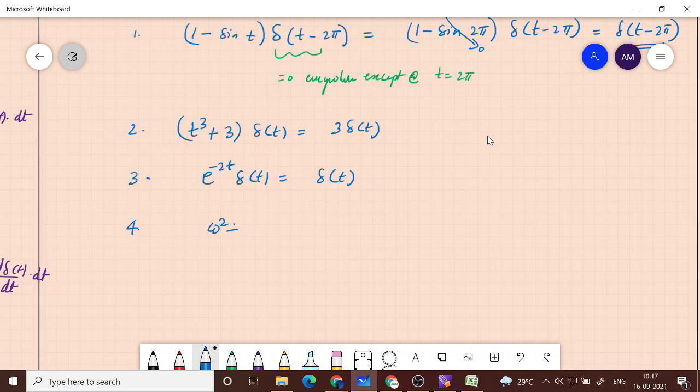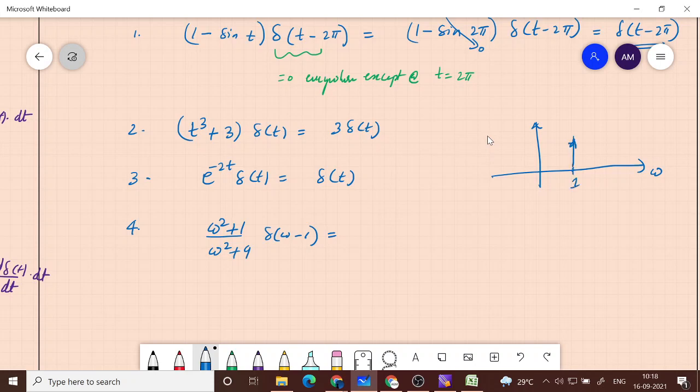Another one, omega square plus 1 divided by omega square plus 9 into delta of omega minus 1. Where is the location of the impulse? At omega equal to 1. It is a shifted impulse, but now it is a function of omega. That's the only difference. Instead of the t axis you have the omega axis, and at omega equal to 1 you have the impulse.